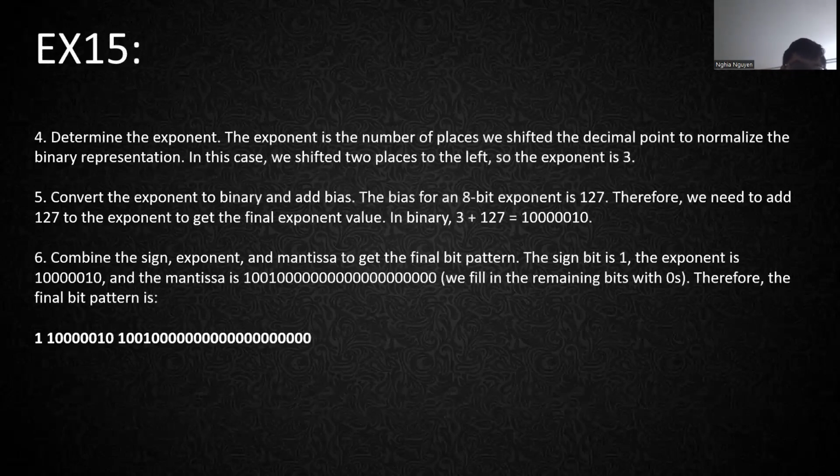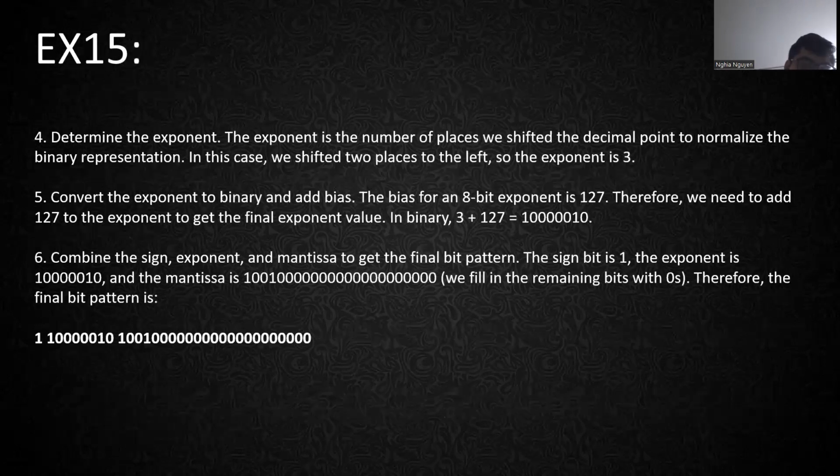Next, determine the exponent. The exponent is the number of places we shift the decimal point to normalize the binary representation.